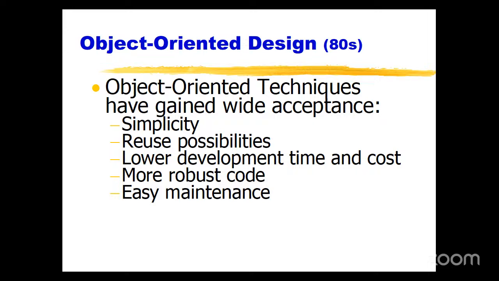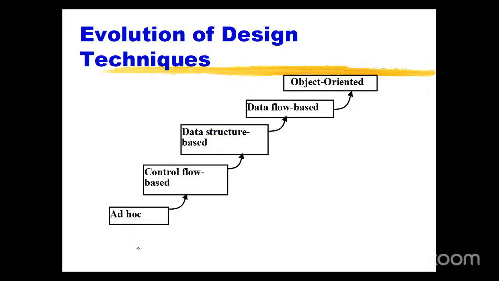So we have simplicity, reuse possibilities, lower development time and cost, and easy maintenance. With these features, object-oriented techniques have gained wide acceptance. Most people accept object-oriented techniques because they are simple, reuse opportunity is there, robustness is there, and maintenance is also good enough, right? So this is how object-oriented techniques came into existence.